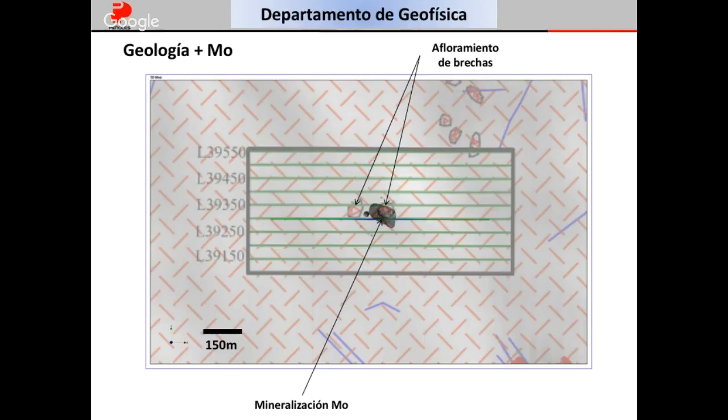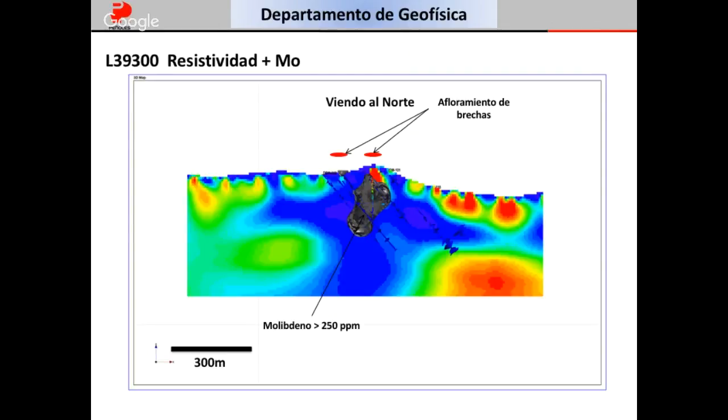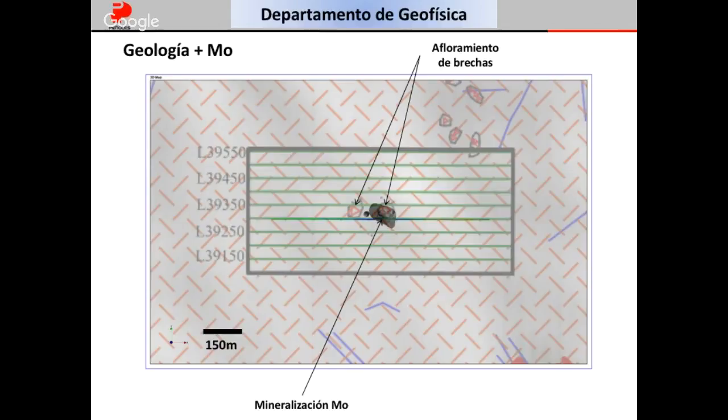Okay, the separation between lines is 15 meters, and the length of these lines is 1.2 kilometers. I am going to show the resistivity models of the central lines that are covering the breccias.